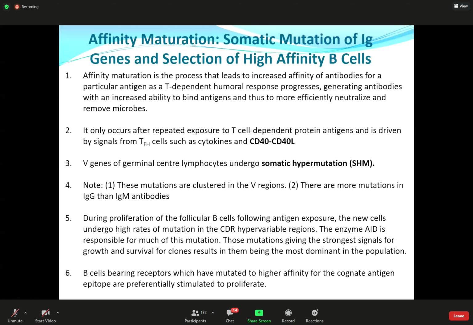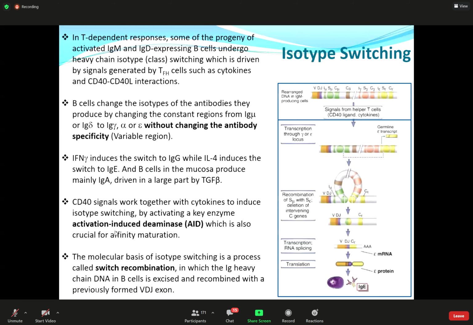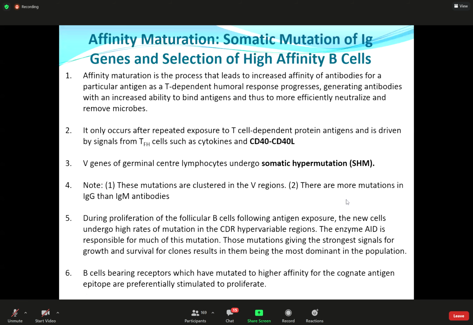And again, this is brought about by the enzyme activation-induced deaminase. What this enzyme does, not only does it cause cleavage or selection of the appropriate Fc region with regard to isotype switching, but it will also induce point mutations within the CDR antigen binding region of the antibody.